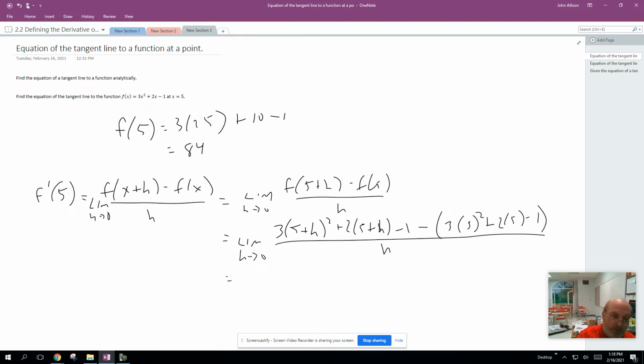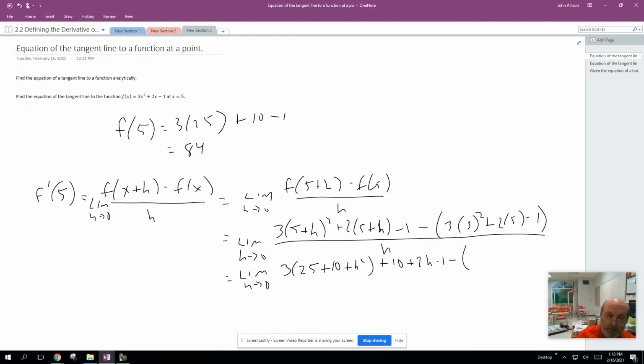So when we do this, we're going to do some algebra here. That's going to be 3 times 25 plus 10h plus h squared, since 5h plus 5h is 10h, and then plus 10 plus 2h minus 1.